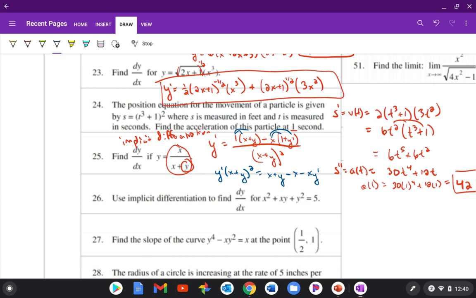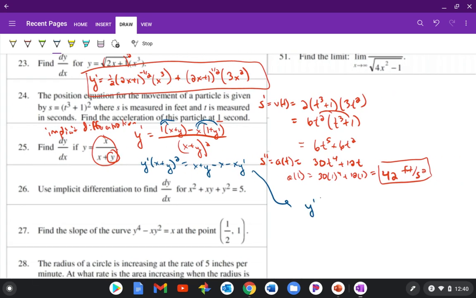So then we can group all of the y primes on the left side by just adding that over. So we got y prime times x plus y squared plus xy prime equals, and looks like this one actually missed here, x and minus x cancel, so equals y.